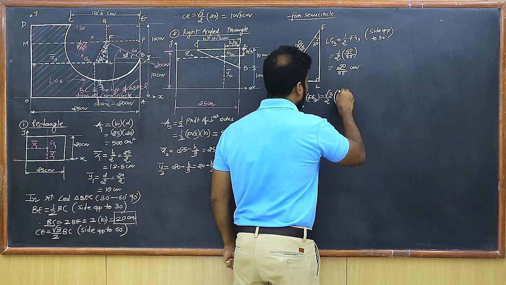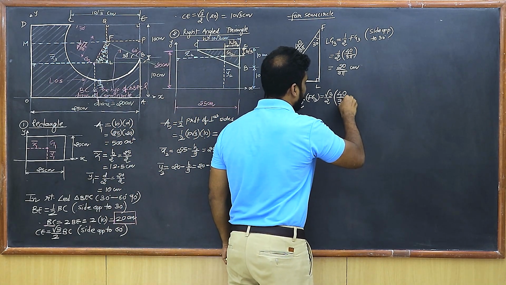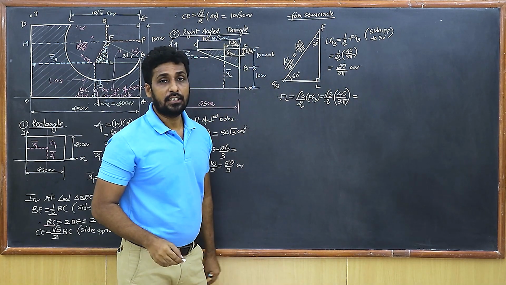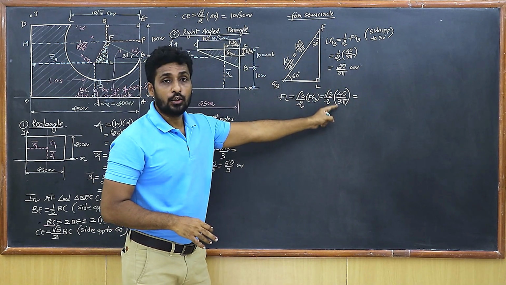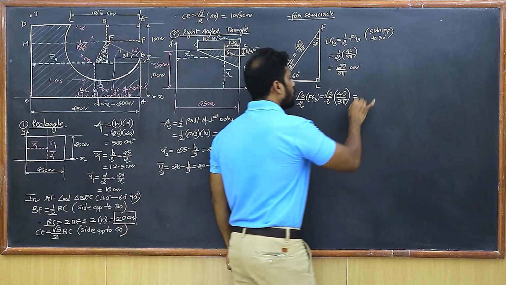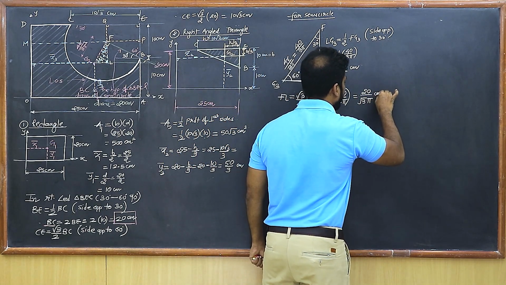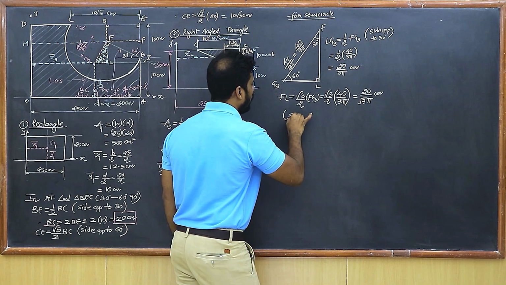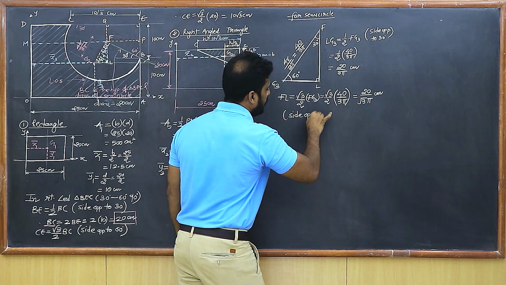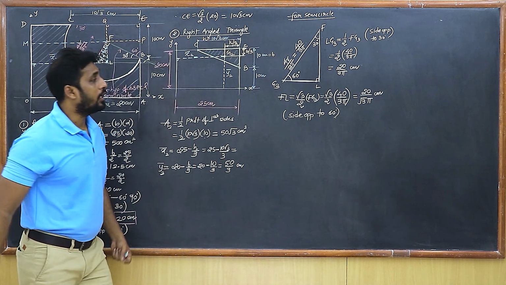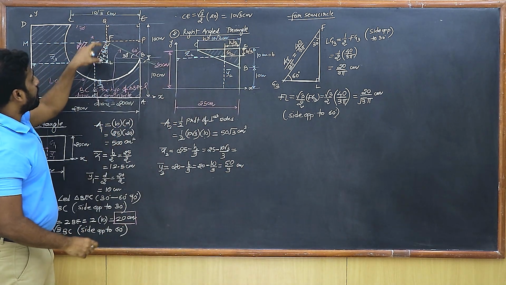Here 2 and 40 cancel, you get 20. Root 3 and root 3 cancel, you get root 3 in the denominator. So that's 20 upon root 3 pi centimeters. Better write the reason also: this is side opposite to 60 degrees. So now I have got the length of FL also.